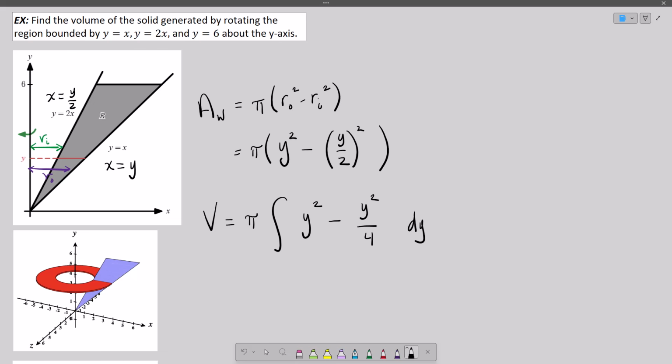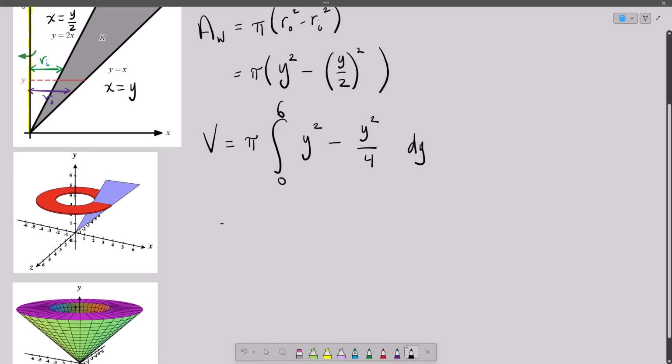And these two diagonal curves both go through the origin. These diagonal lines. A line is a curve, these curves, these lines, whatever. So our limits of integration are going from 0 to 6 on the y-axis. So that is our interval right there that we're integrating over.